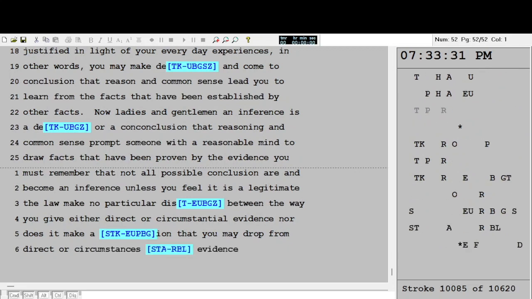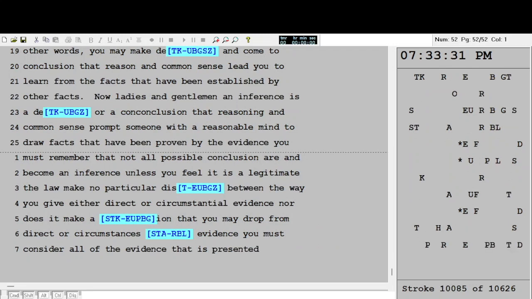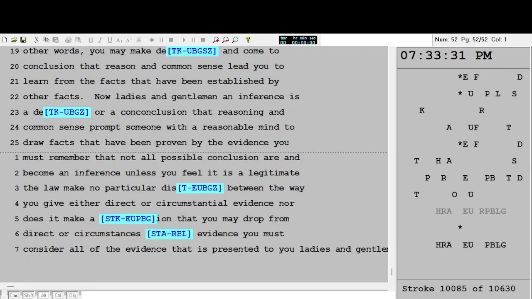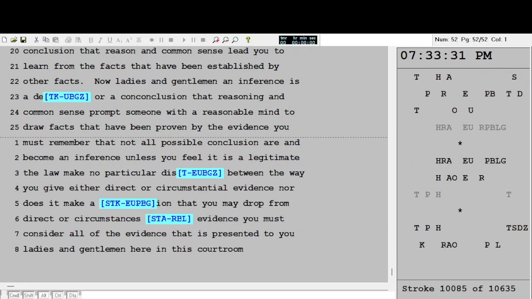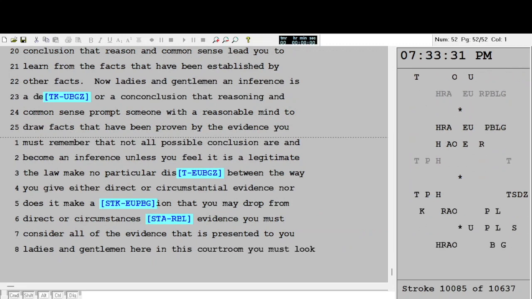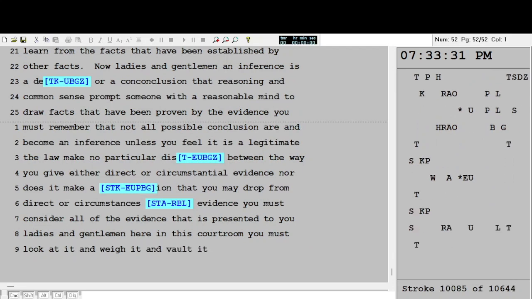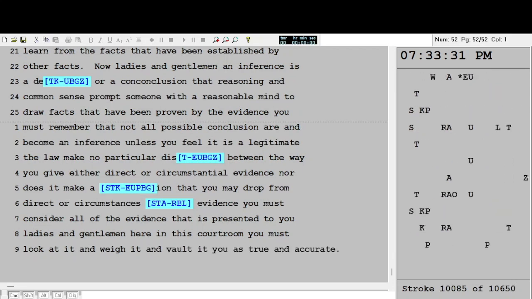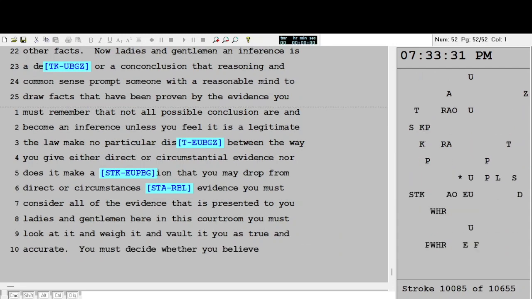You must consider all of the evidence that is presented to you, ladies and gentlemen, here in this courtroom. You must look at it and weigh it and evaluate it. You do not have to accept all of the evidence as true and accurate. You must decide whether you believe what each witness said.